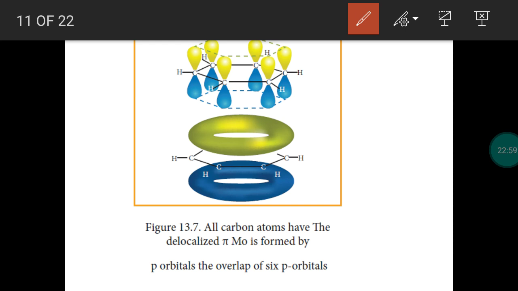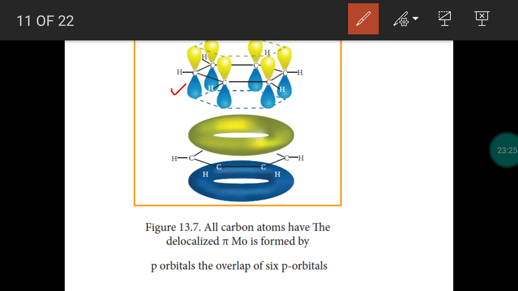The unhybridized orbital of carbon is perpendicular to the plane. I already told you 6 carbon and 6 hydrogen atoms are lying in a plane. Now the unhybridized 2pz orbital with a single electron is perpendicular to the plane. Okay. Now these 2pz orbitals of all the 6 carbon atoms will be involved in pi bond formation.